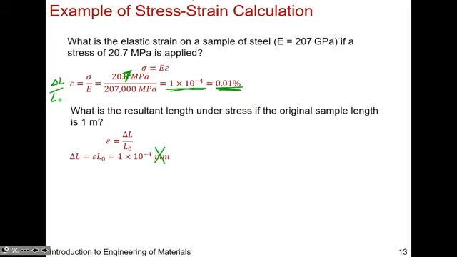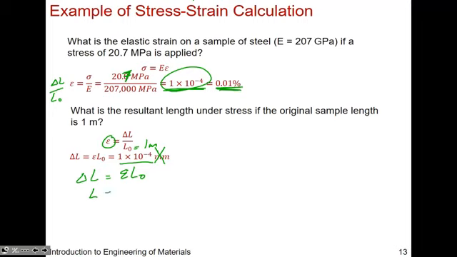So if you know it started off as 1 meter, well, what's the difference? And you know the strain, because you just calculated it here. So then you can manipulate the equation and calculate your delta L.